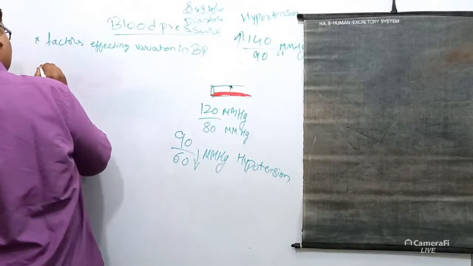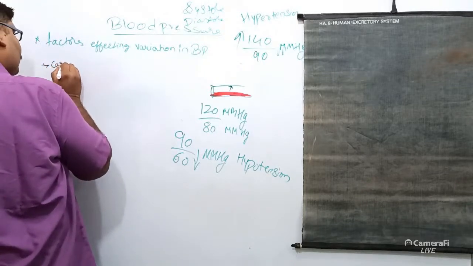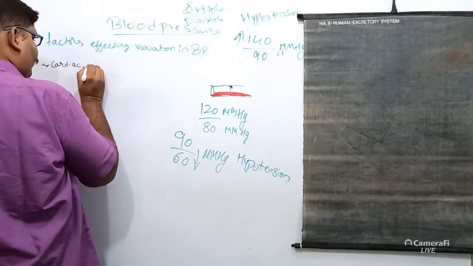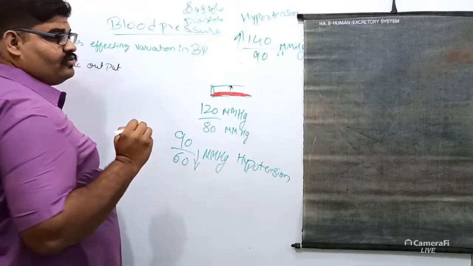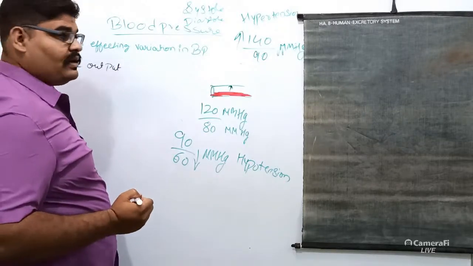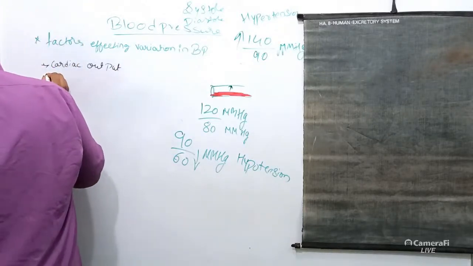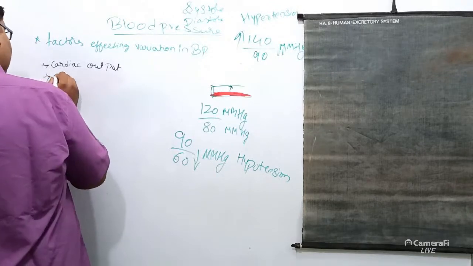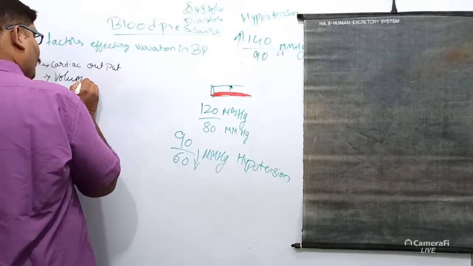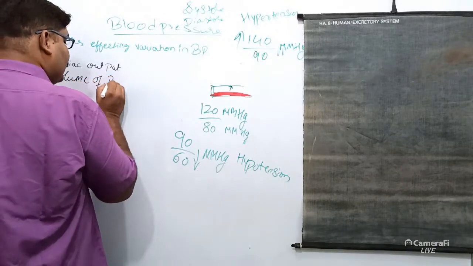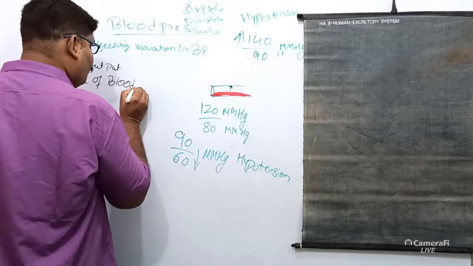First one is cardiac output, that is how much blood is pumped by the heart. Then comes volume of the blood, that is how much volume of blood you have in your body.